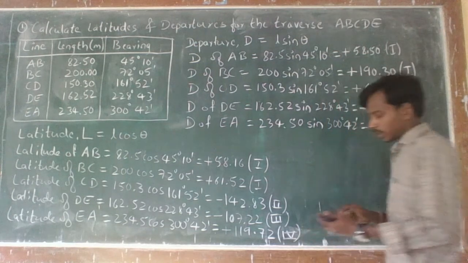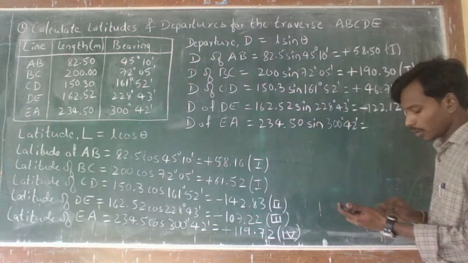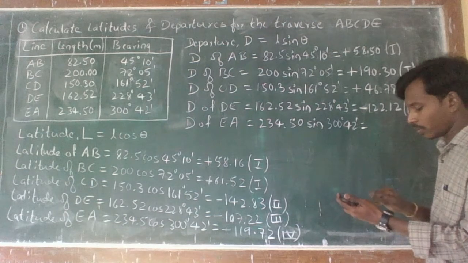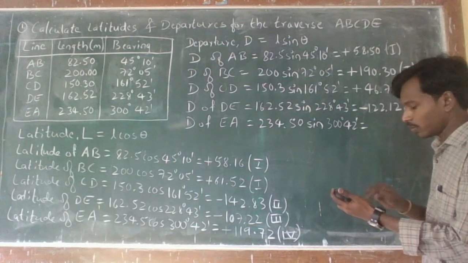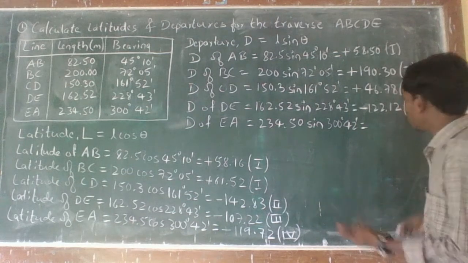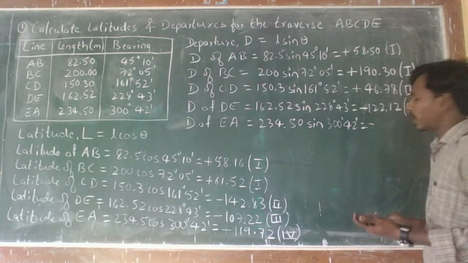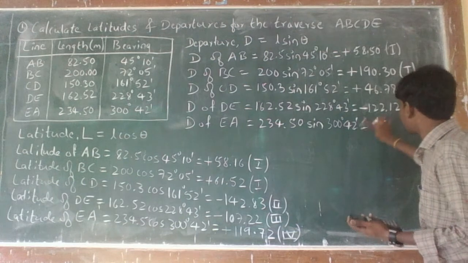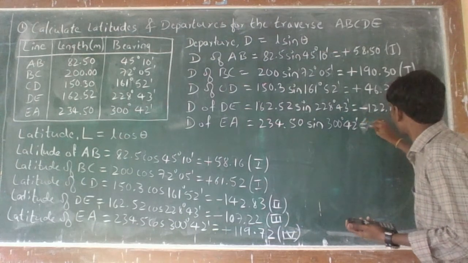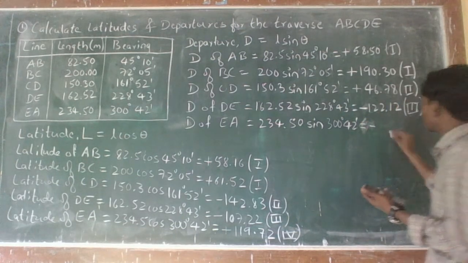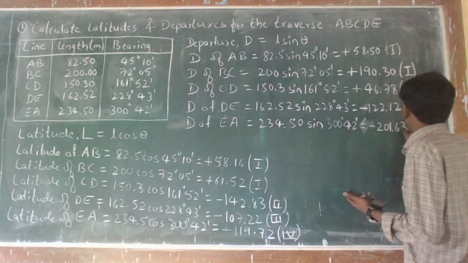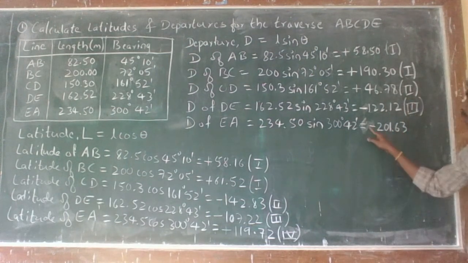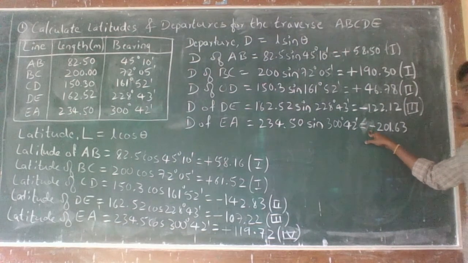Now calculate it. 234.5 sin 300 degrees 42 minutes. Now the answer comes in minus. So the answer is 201.63. Now once check if the sign minus is right or wrong.